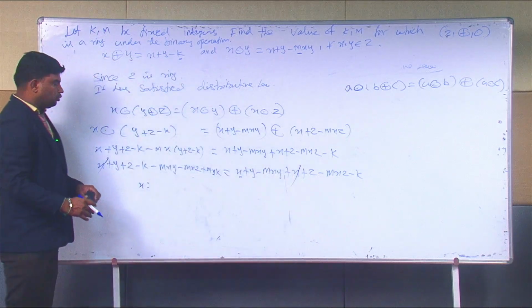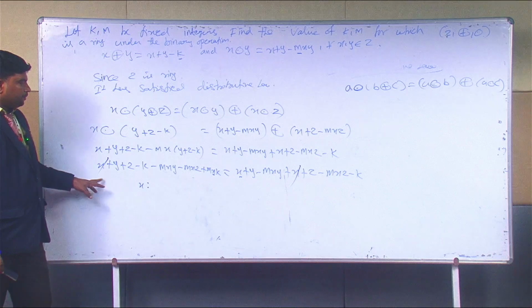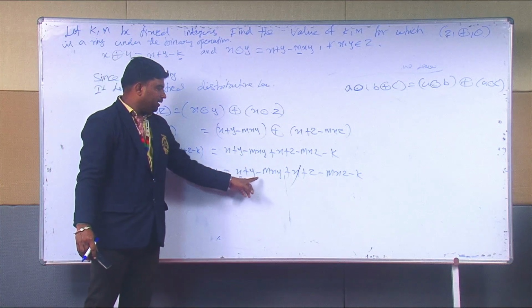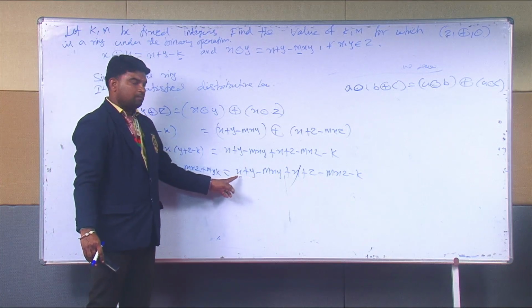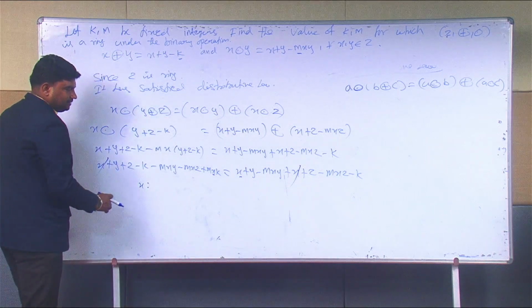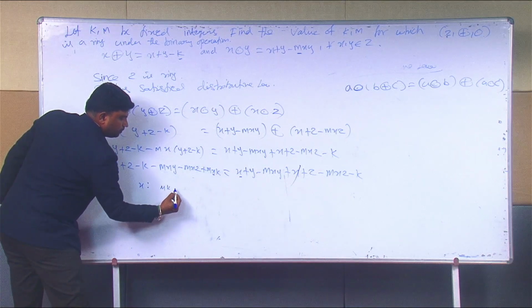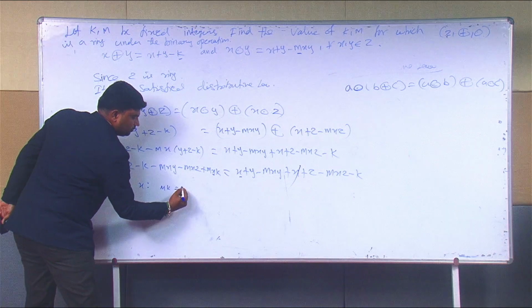The remaining x term, one is there in the left side and one x term in the right side. So equating the coefficient of x, the coefficient on the left is mk and the coefficient on the right is 1.